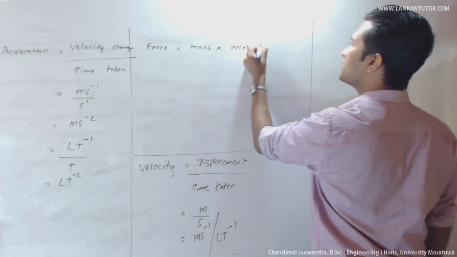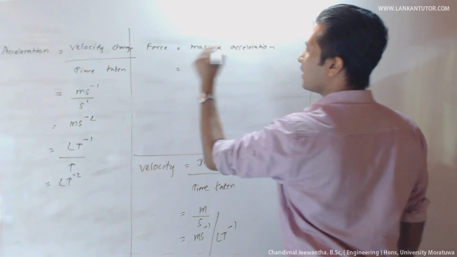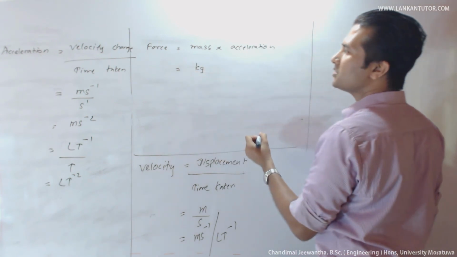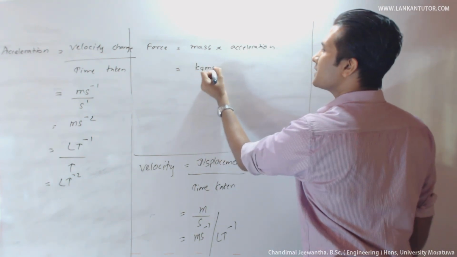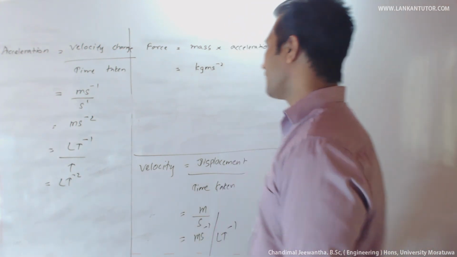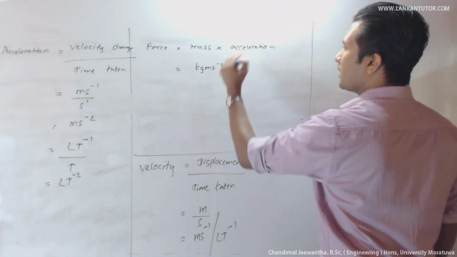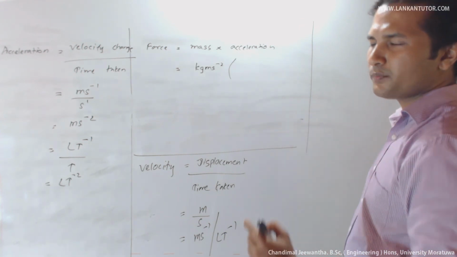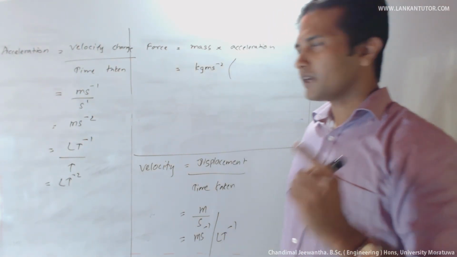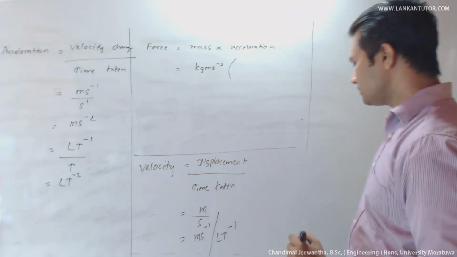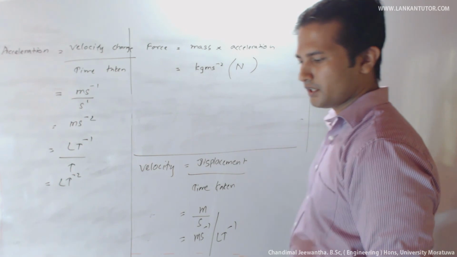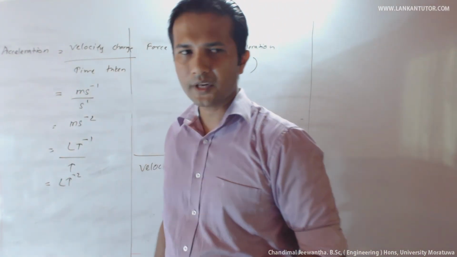We know the unit of the mass is simple kg, followed by acceleration, that is ms minus 2, as we calculated previously. So the unit of the force becomes kg ms minus 2. You can consider the newton as the unit of force, equal to kg ms minus 2.